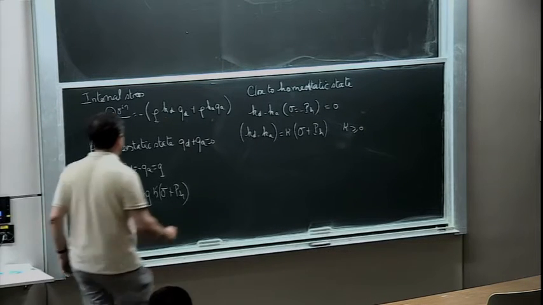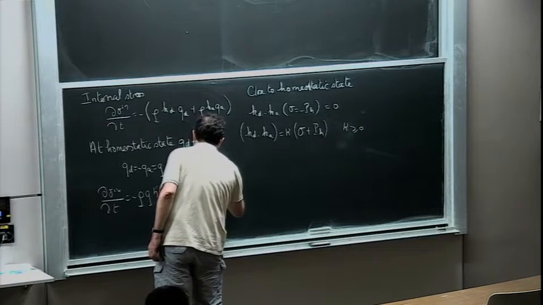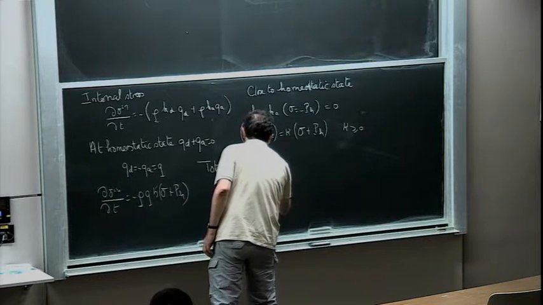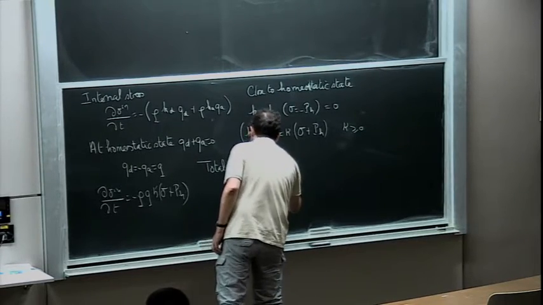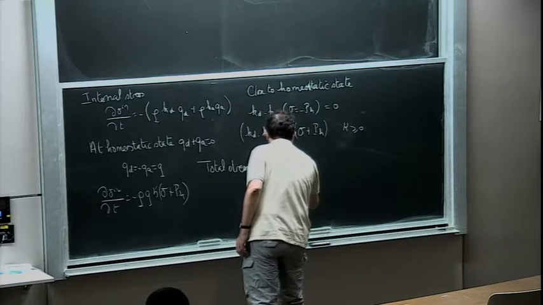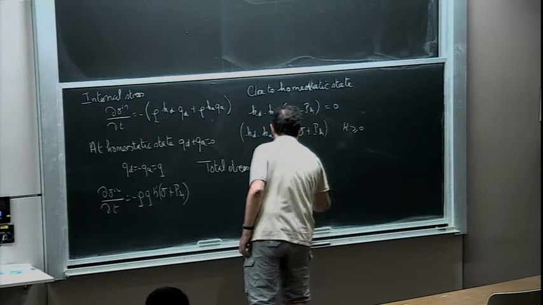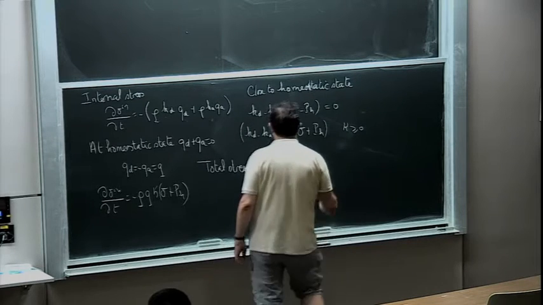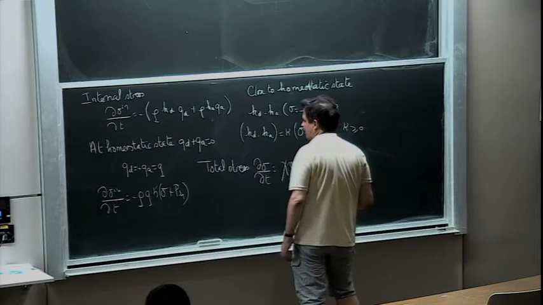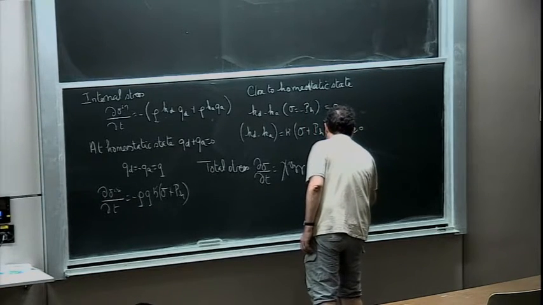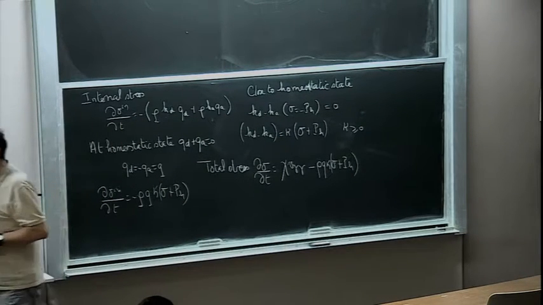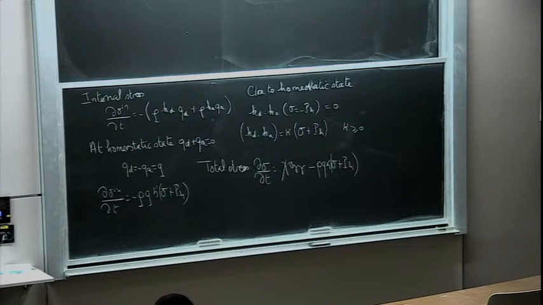For the total stress, d sigma dt equals chi v gamma gamma minus rho Q kappa times (sigma plus pH). So that gives me what I told you I was looking for this morning.